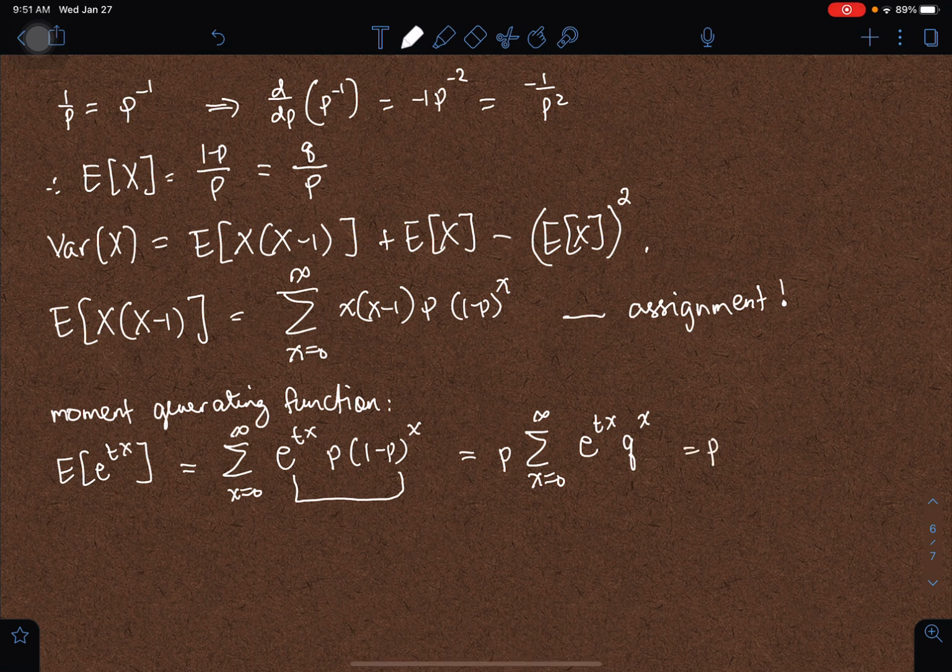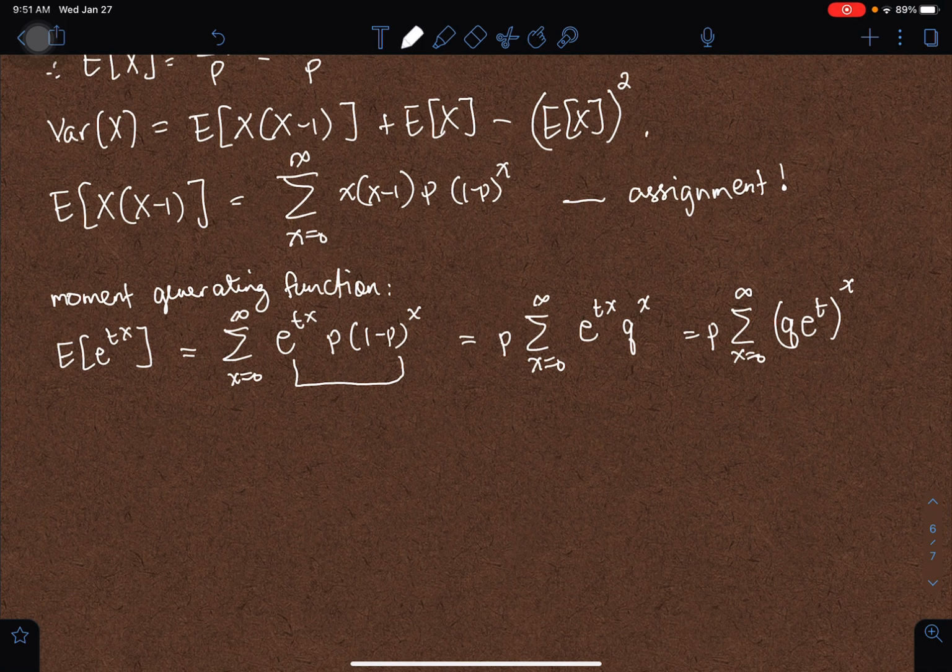So this is just p times the sum from 0 to infinity of (q times e to the t) raised to the power x. So provided that q times e to the t is a number whose absolute value is less than 1, then we can write the sum as p times 1 over (1 minus q e to the t), or p over (1 minus q e to the t).